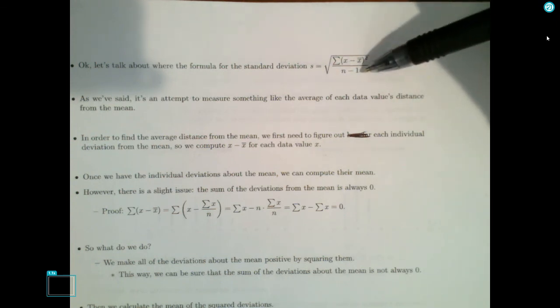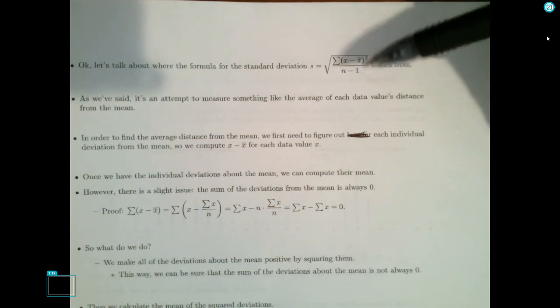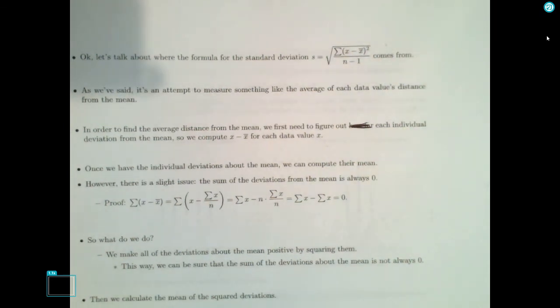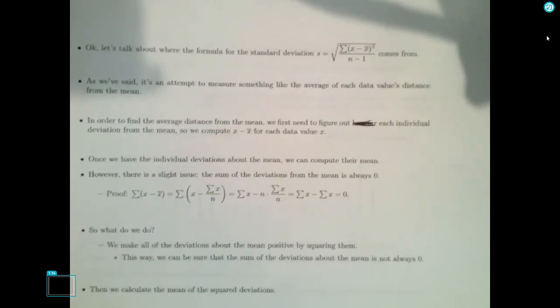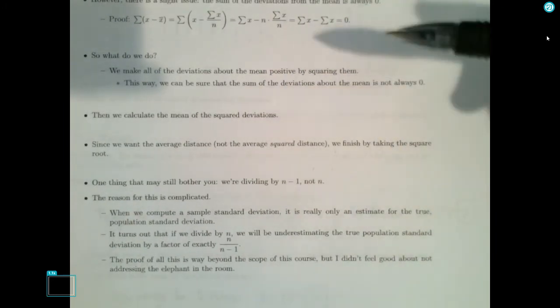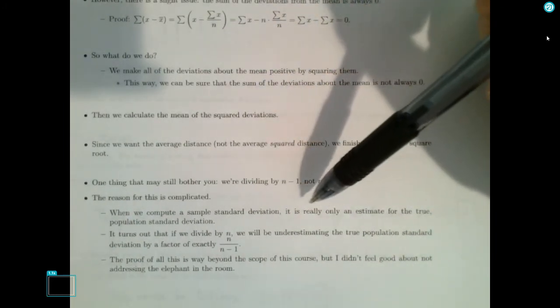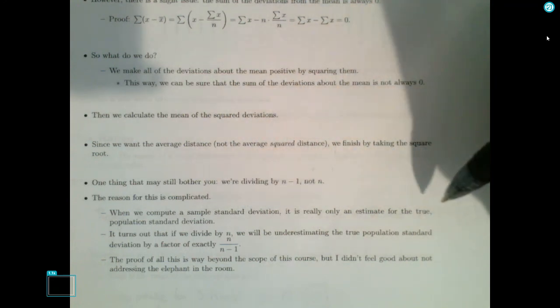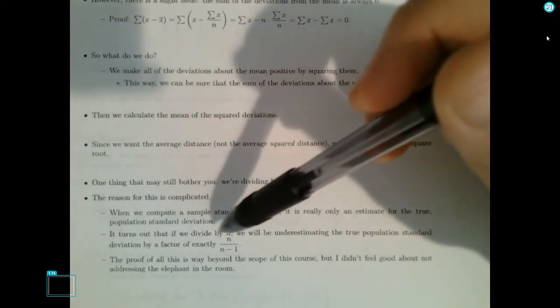We're dividing by n minus 1 instead of just n, and that might bother you a little bit, because if you're taking the average, why don't you just divide by the number of values instead of the number of values minus 1? The answer to that question is kind of complicated. Basically, it's because when we calculate a sample standard deviation, it's really just an estimate for the true population standard deviation.